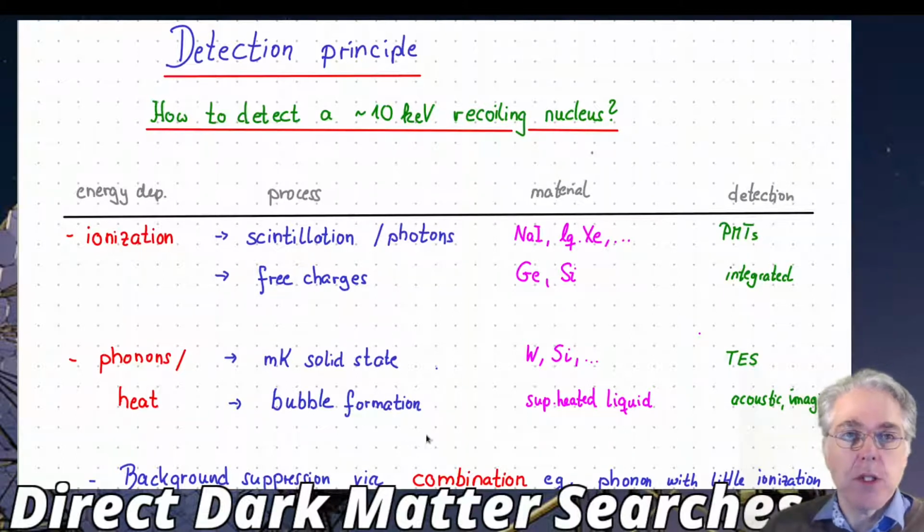This is something which is working only very efficiently with nuclear recoil. And besides the imaging, there's also the possibility to measure the acoustic effects in the liquid, which lead to some acoustic waves when the bubble collapses that can be used.